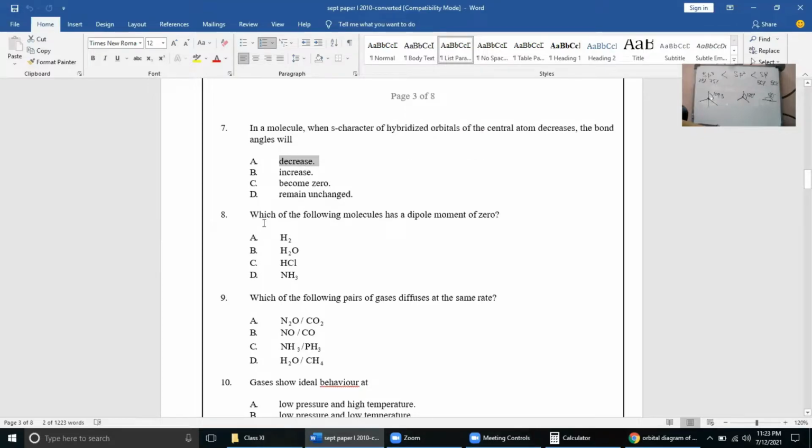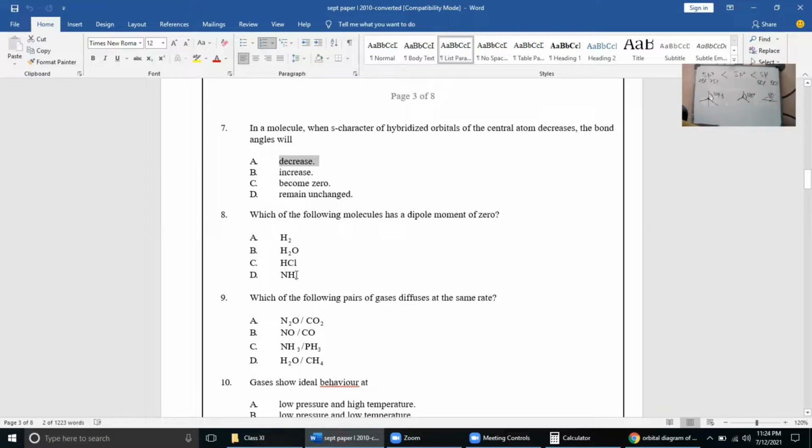Next question is, which of the following molecules has a dipole moment of 0? Where there is no lone pair present and where there is a symmetrical structure, the dipole moment will be 0. In the case of the H2 molecule, the dipole moment is 0. In the case of H2O, a lone pair is present.